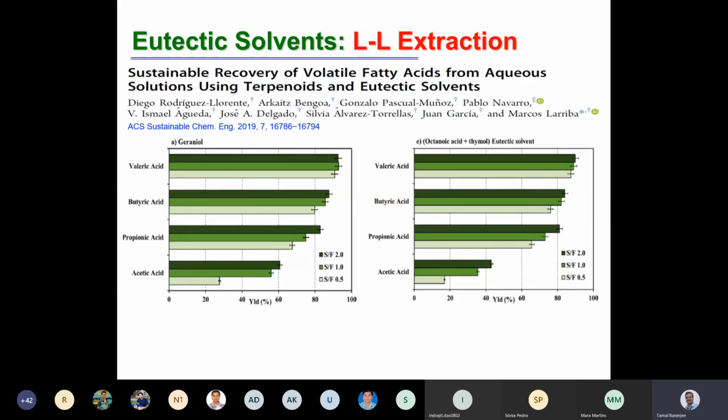So it's cheaper to use only the terpene here, but both of them can have a good yield in the extraction of this fatty acid. This organic acid is not exactly a volatile fat. Fat for me is above C6. Below C6 is just organic acid.